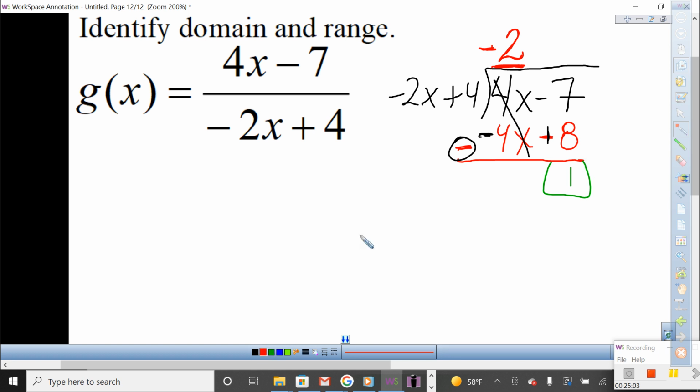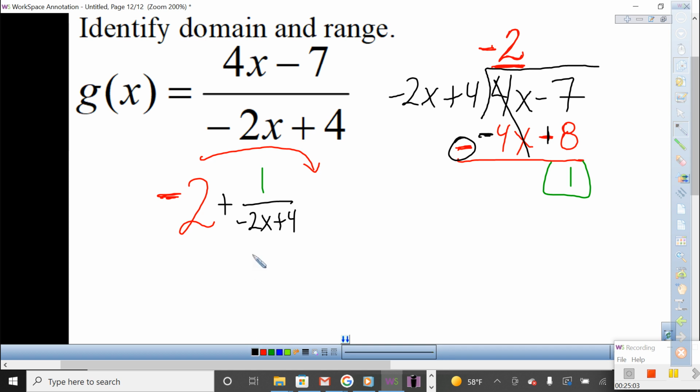All right, so what was the answer? Negative 2 plus, what was the remainder? 1 over negative 2x plus 4. Can we leave this constant in the front? No, we need to send this to the back.